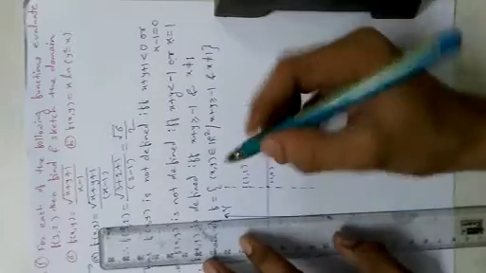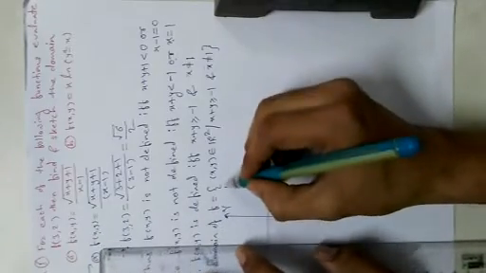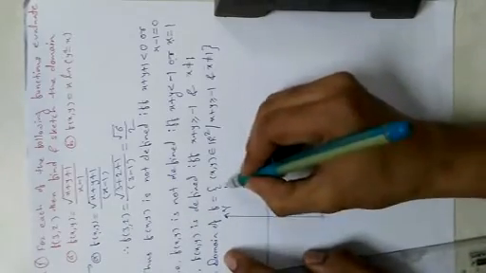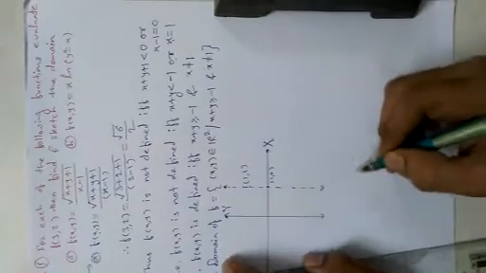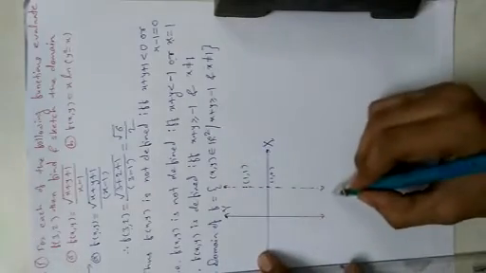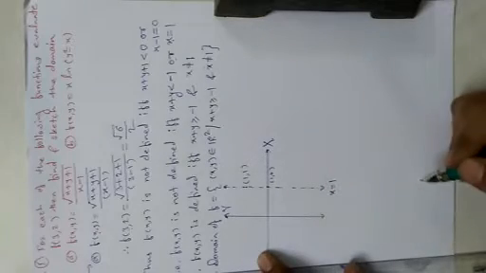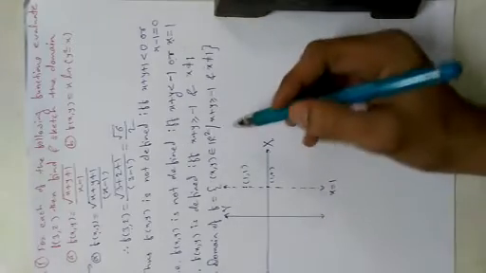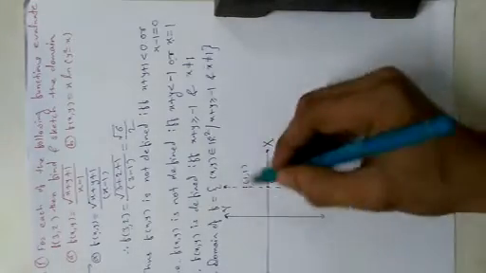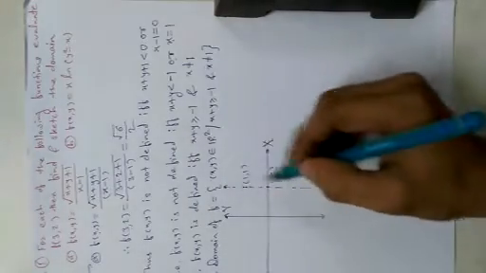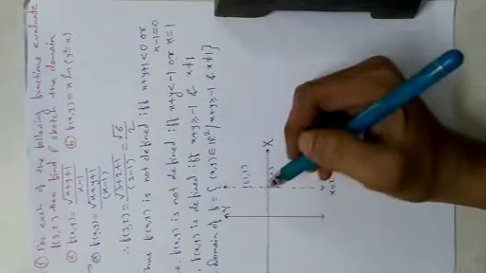This means points on this line are not included in our domain of f. That's why we draw this line discontinuous. This is the equation of this line, x equal to 1. This means that points on this line are not part of our domain of f.